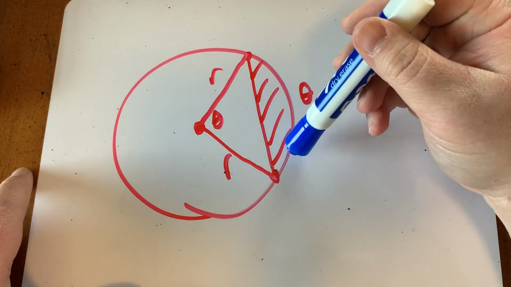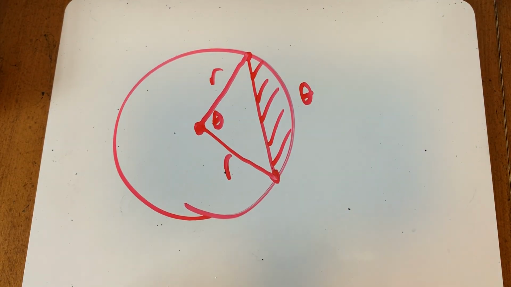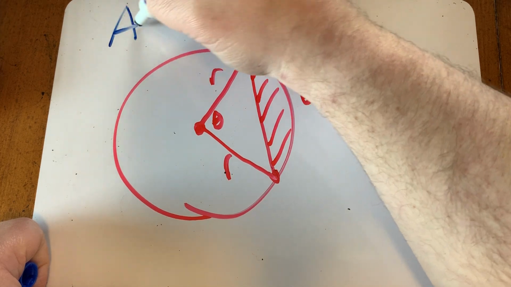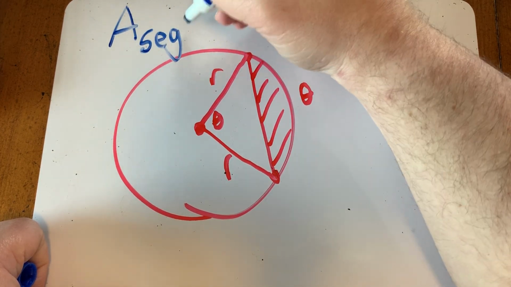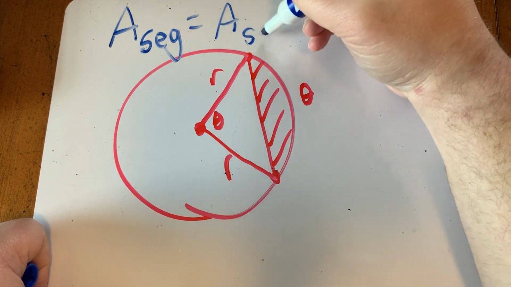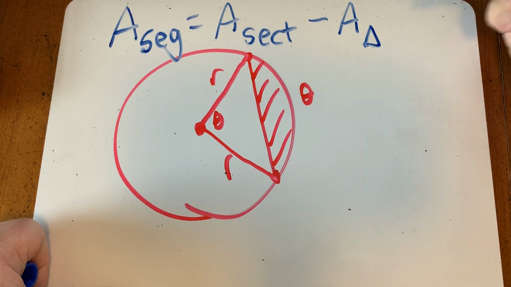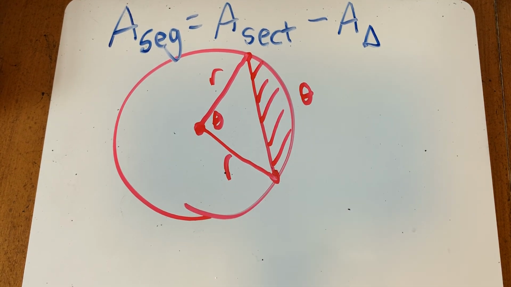And the segment is just a sector with a triangle removed. The area of a segment is quite literally just the area of the sector minus the area of the triangle. That's all it is. That's all you have to do.